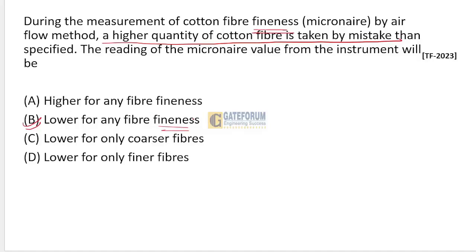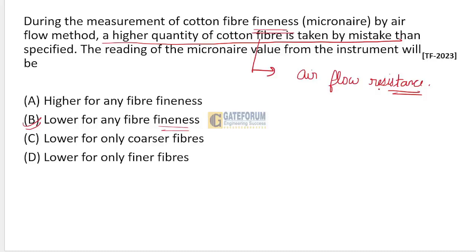How this actually happens is, if the quantity is higher, then the airflow resistance is higher, and this leads to lowering of the micronaire value, because the instrument is calibrated to measure the airflow resistance of a specific quantity of fibers, and when there is any deviation, either on the higher end or on the lower end, it will affect the accuracy of the measurement.